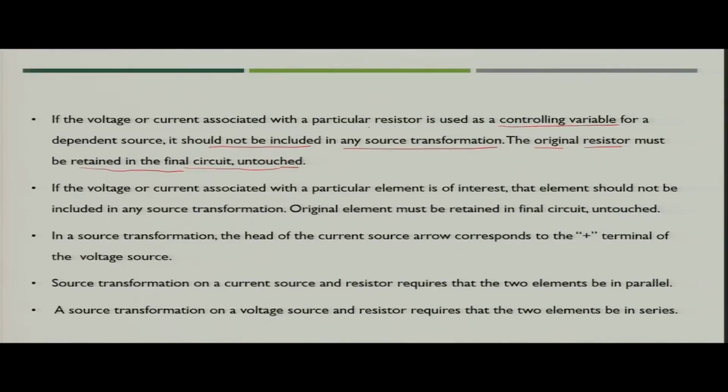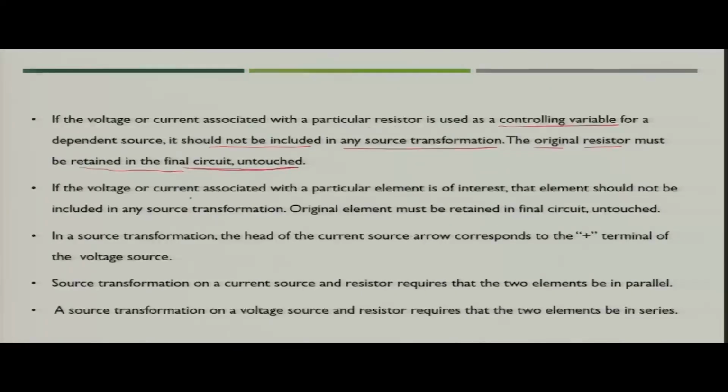Generally, when we see dependent voltage or current sources, the current or voltage across a particular resistance depends upon the source value. So, we try to keep those parameters untouched.